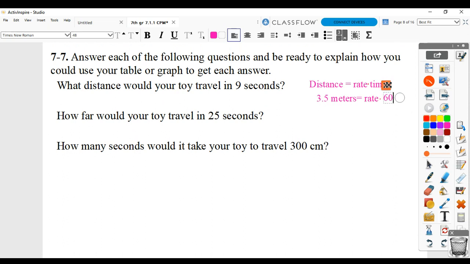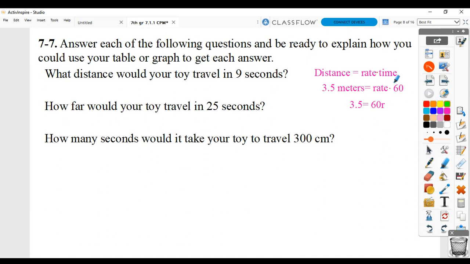So what we have is 3.5 meters equals the rate times 60, or I can rewrite this as 3.5, we don't really need the label, equals 60R. R is going to stand for rate. And remember that multiplication is commutative, so we can change the order without changing the answer. So 3.5 equals 60 times R.